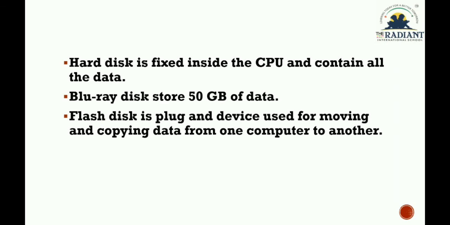The hard disk is fixed inside the CPU and contains all the data. Blu-ray disc stores up to 50 GB of data on dual side, 25 GB on single side. Then flash disk is a plug and play device used for copying and moving data from one computer to another.